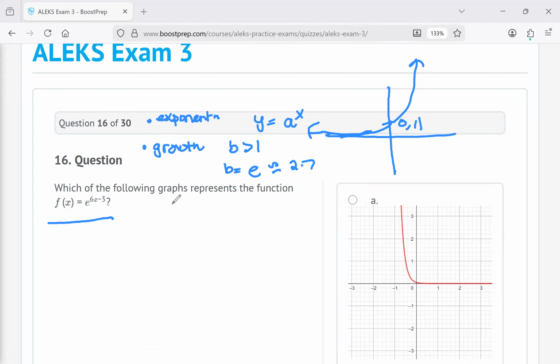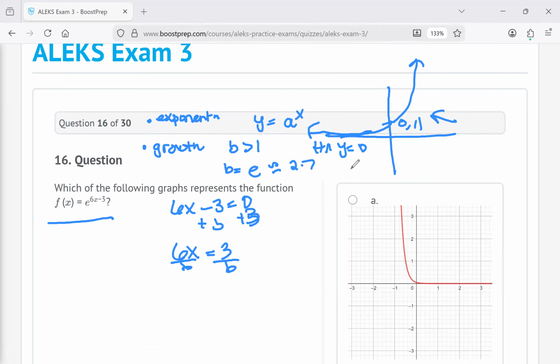So you set 6x minus 3 to 0, solve for x, divide by 6. So it doesn't really change it. We don't have a vertical shift, so our horizontal asymptote is y equals 0. So it's going to look something similar like this, because it's an exponential growth with no vertical shift. So that means our horizontal asymptote is at y equals 0.